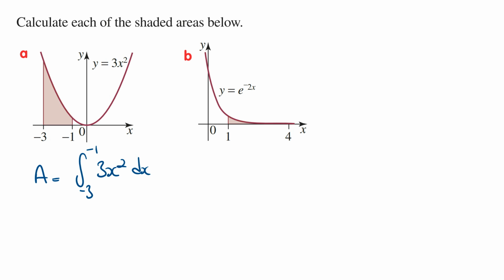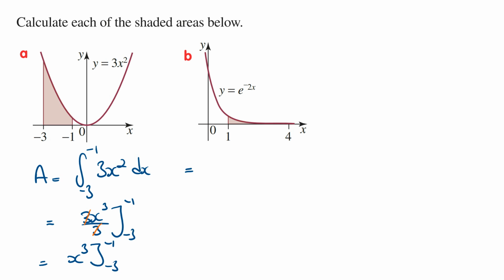And because this is a simple function, we can integrate this by hand. And so evaluating this integral, this is going to be 3x cubed on 3 from -3 to -1, which is the same as x cubed from -3 to -1, since the 3's will cancel out.